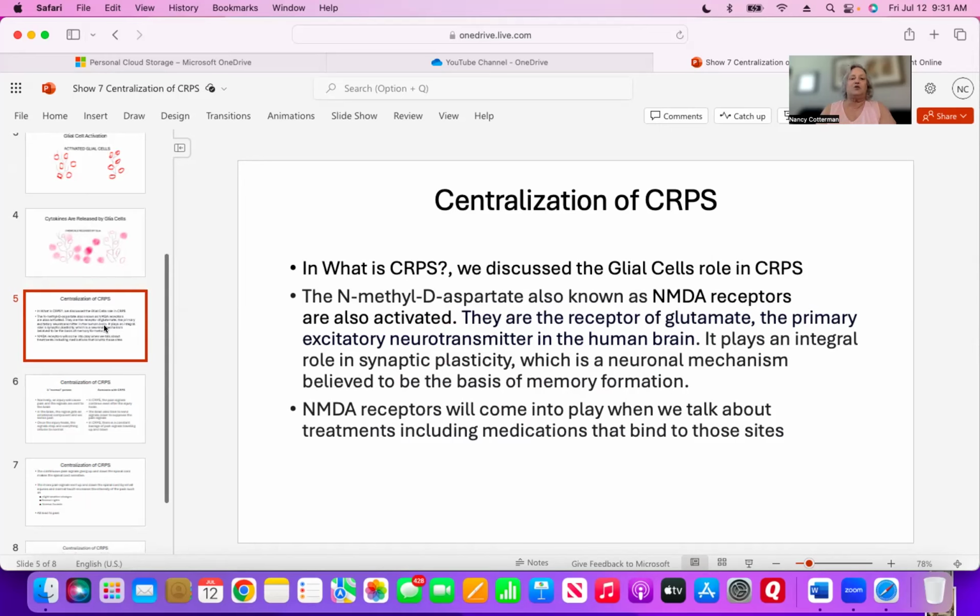It plays an integral role in synaptic plasticity, which is a neuronal mechanism believed to be the basis of memory formation. NMDA receptors will come into play when we talk about treatments, including medications that bind to those sites.